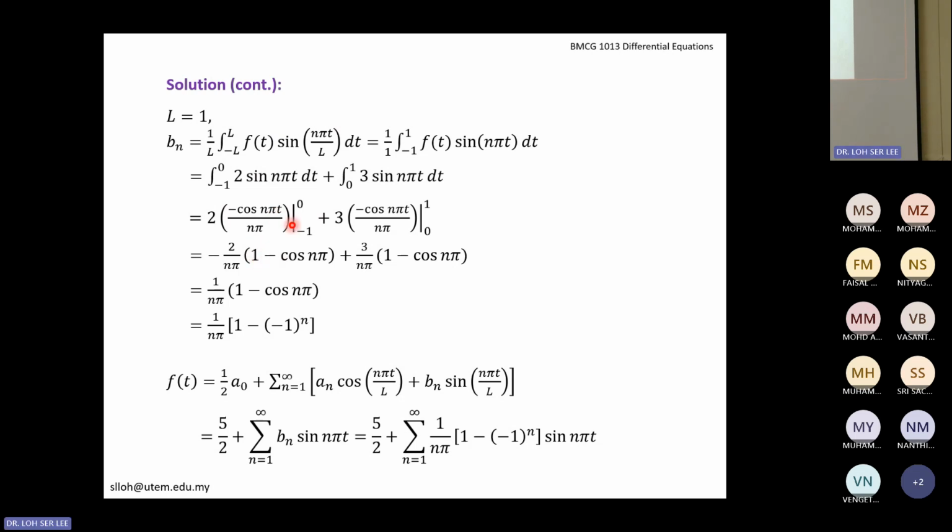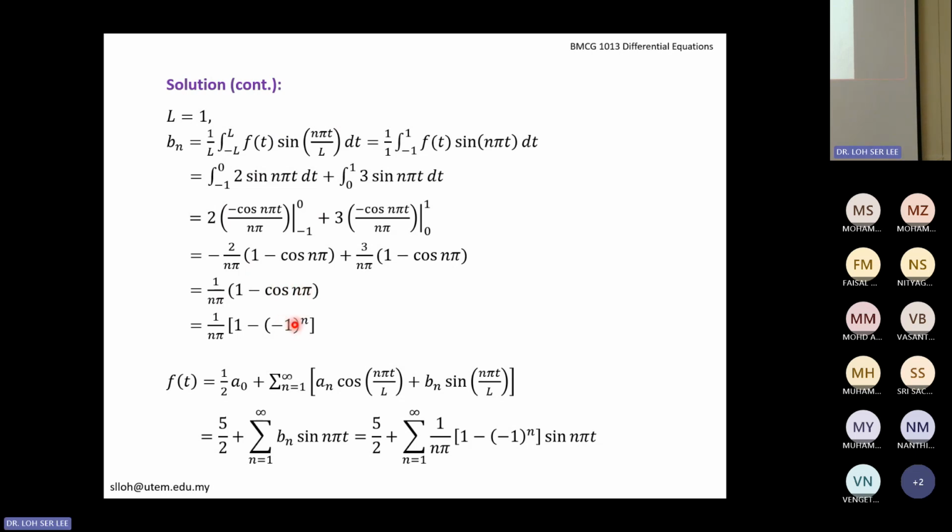Minus, when you put -1 into t, you have cos negative n pi. Cos negative n pi equals cos n pi. So you have cos n pi. Similar for the second term. Then simplify, you get this, and cos n pi is this function.